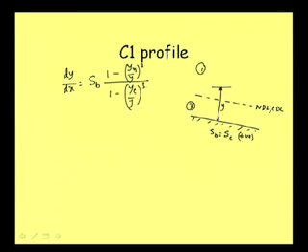Well, now again from this expression, for C1 profile, we have that y is greater than yn and yn is equal to yc. That means y is greater than both yn and yc, and yn and yc are equal.